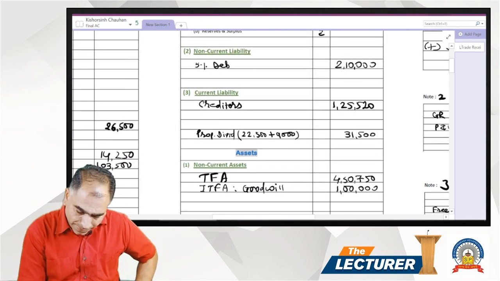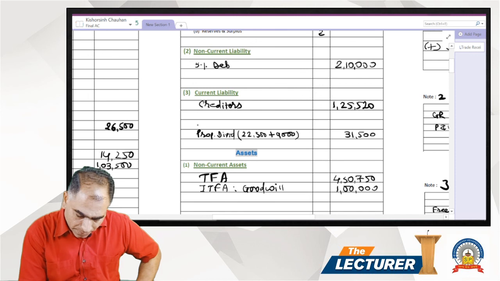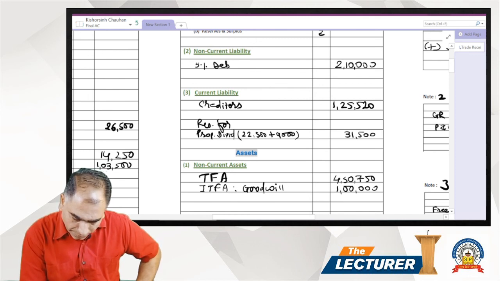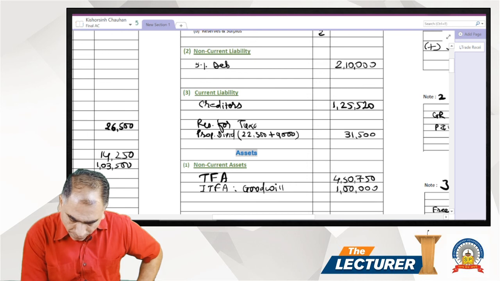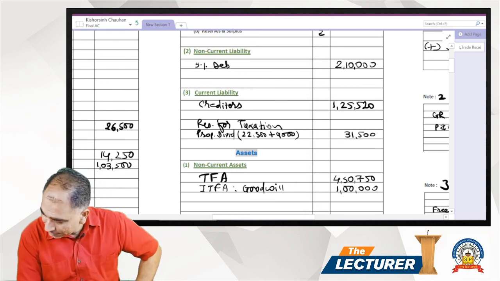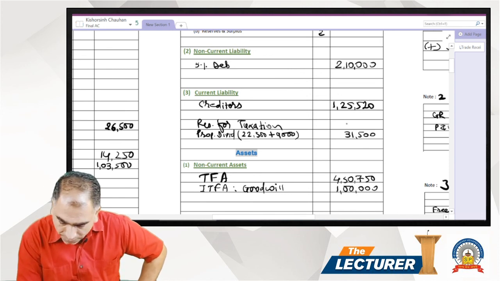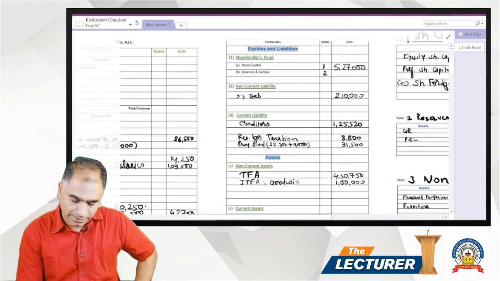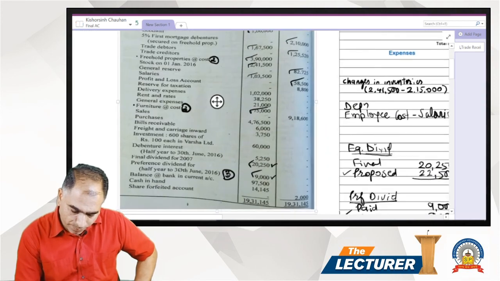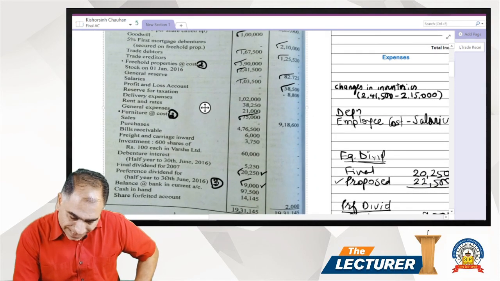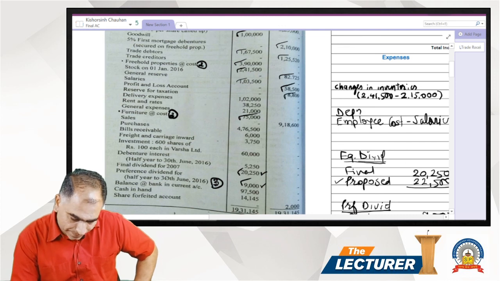So in current liability we have reserve for taxation, amount 8,800. It's a sort of provision only, and a provision's balance is credit, on the balance sheet liability side.